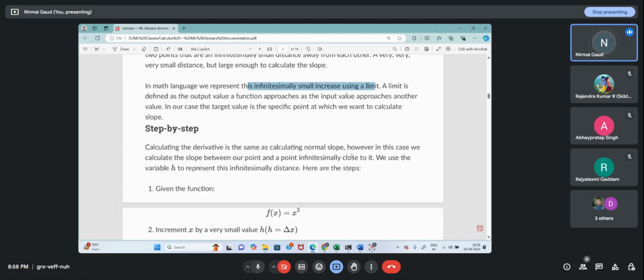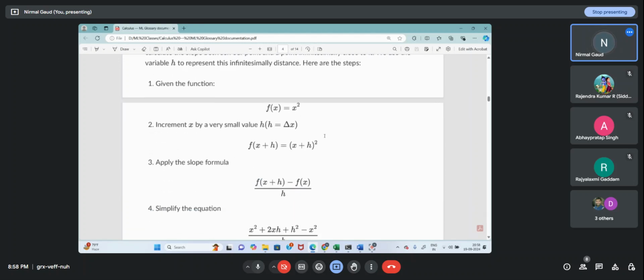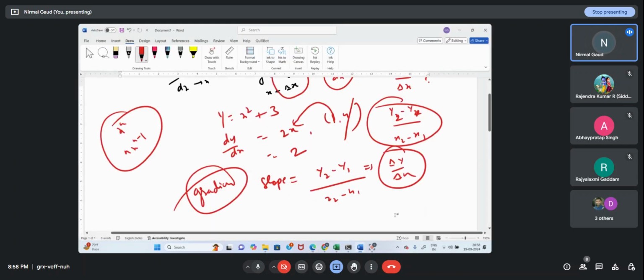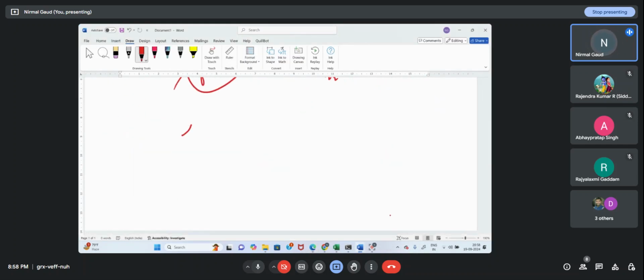I hope you understand about limits also. Limit is defined as the output value the function approaches as it approaches towards the input value. I hope you remember terms like limit x tends to 0.